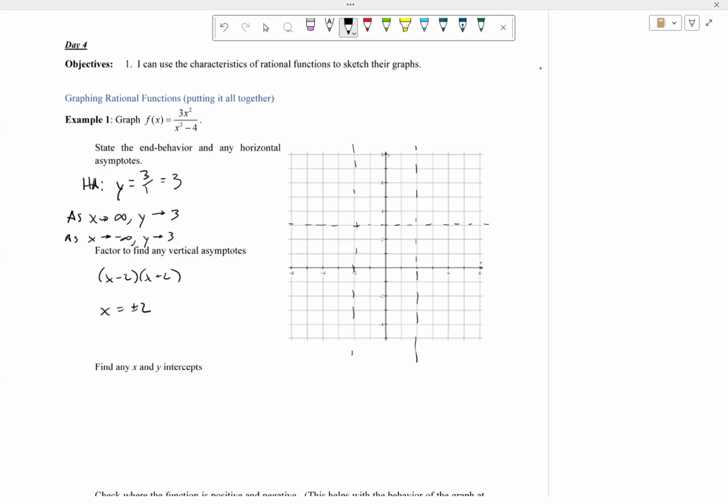Any x-intercepts? Let's do the y-intercept first. That's always easiest. Y-intercept. See what that y-intercept is?